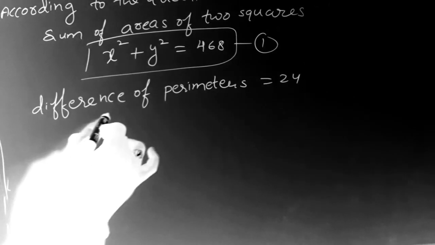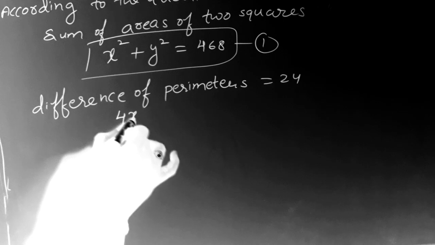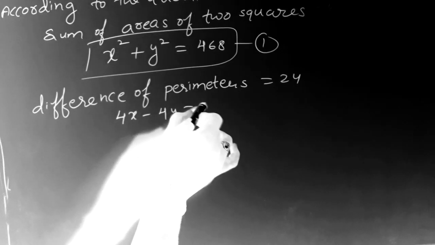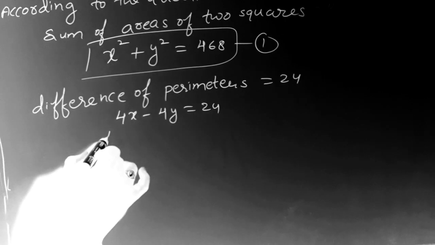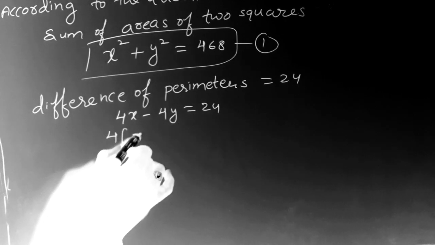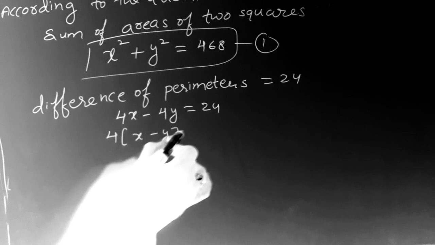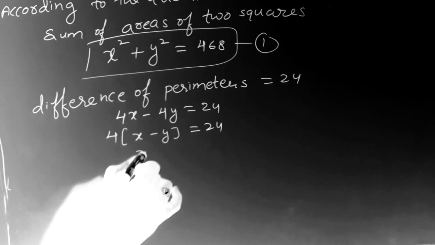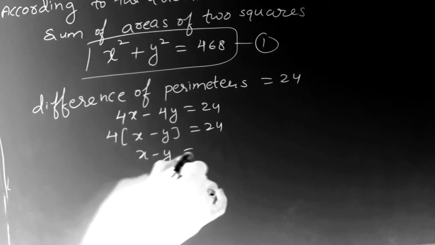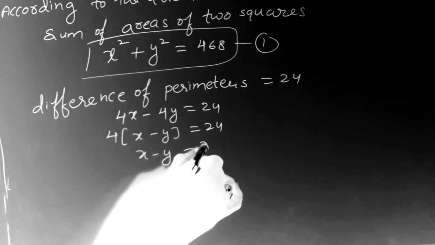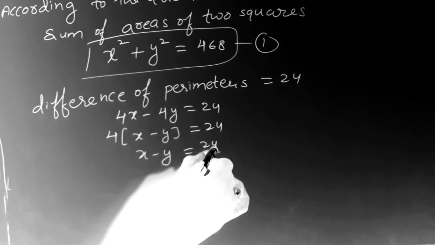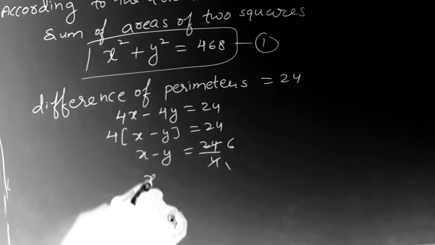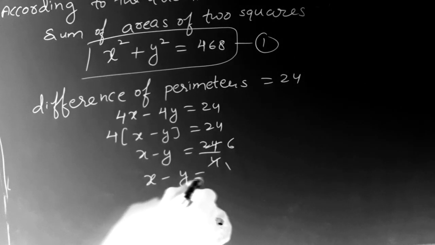So 4x minus 4y is equal to 24. Take 4 common: 4 times (x minus y) equals 24. The 4 is in multiplication, so it goes to division. 24 by 4 is 6. So x minus y is equal to 6.